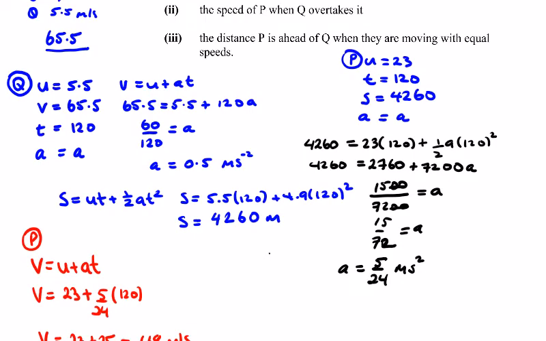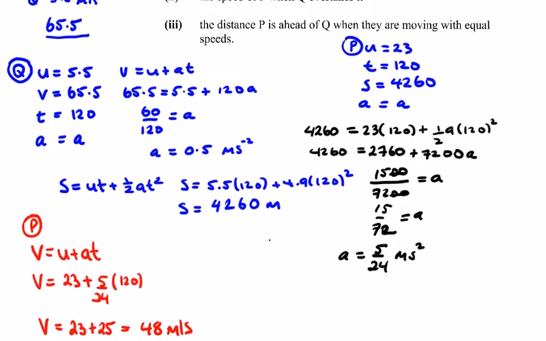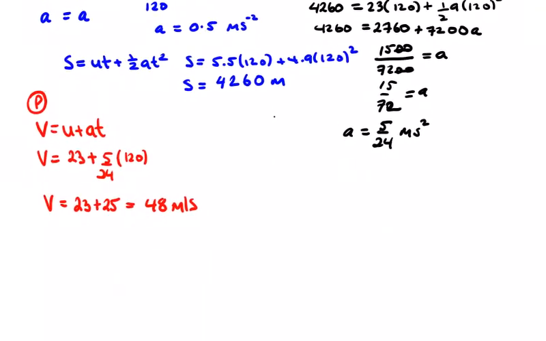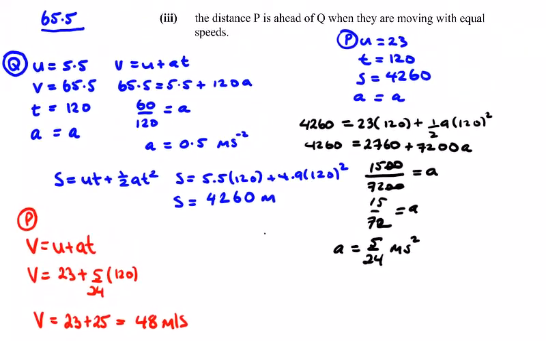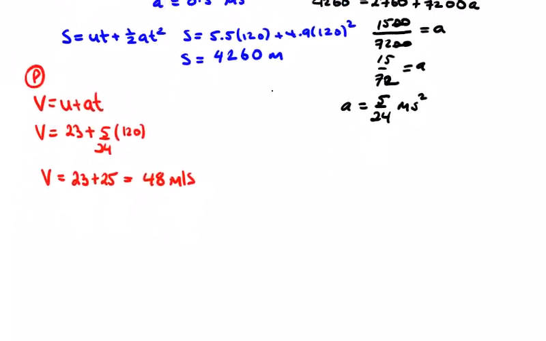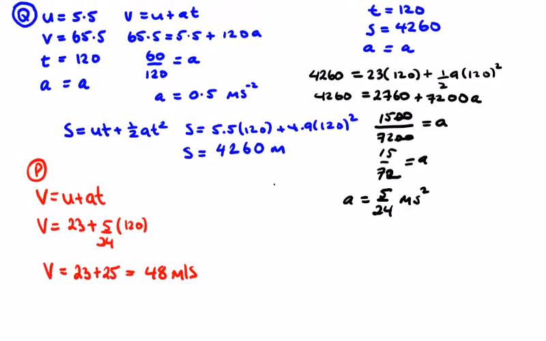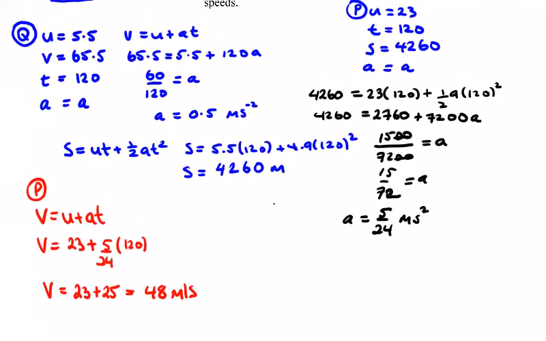And then the distance P is ahead of Q when they are moving with equal speeds. Well, we need to know the time, so let's get the speed of both at any time.